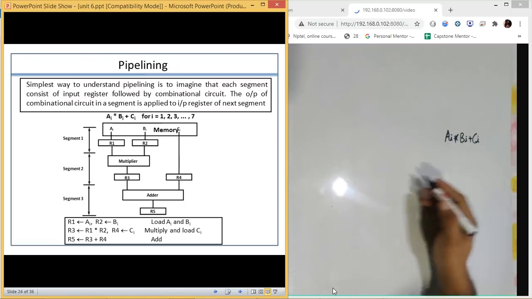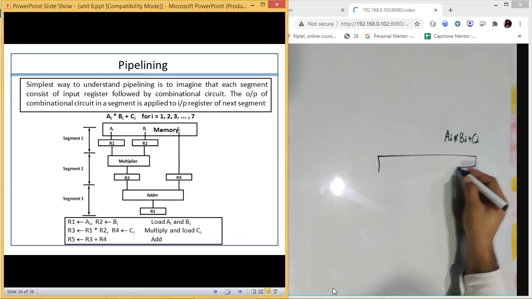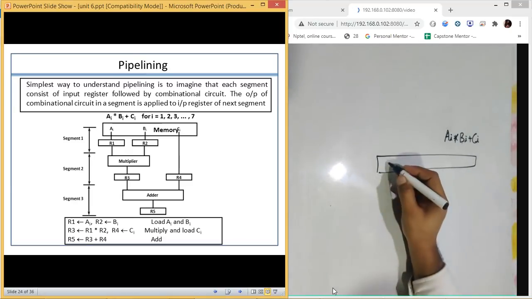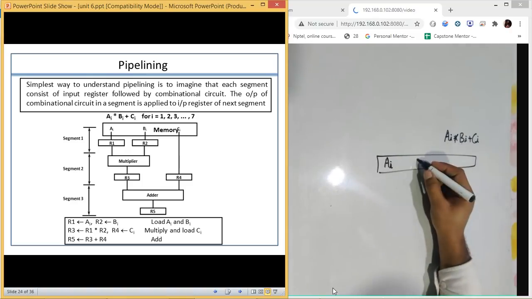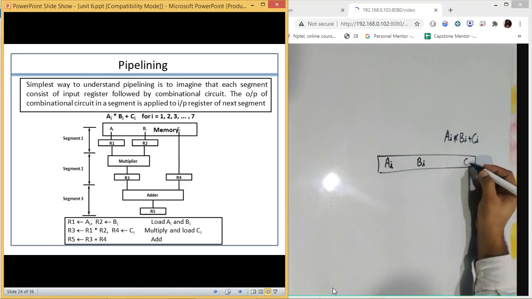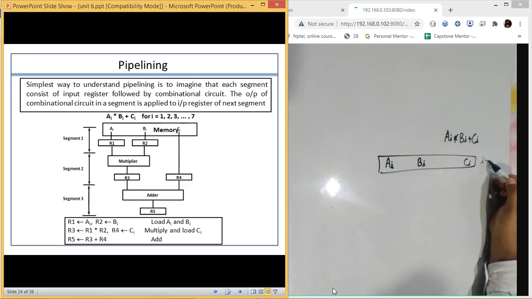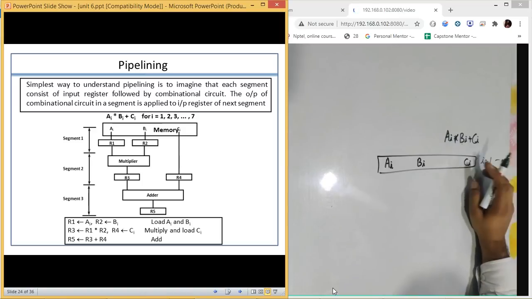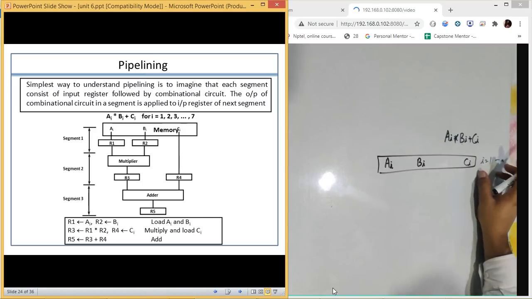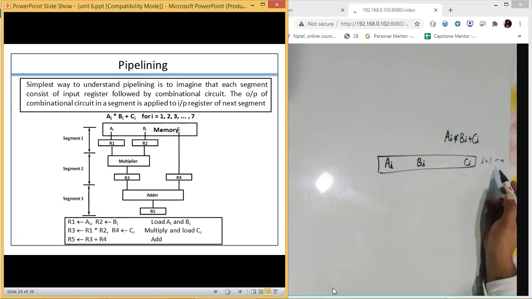So what is going to happen inside the memory? There are different values. We will get values A, B, and C. So i can vary from 1 to n. In this case, they are showing it as 7, but it can vary from 1 to n, which means there can be n number of iterations in this.